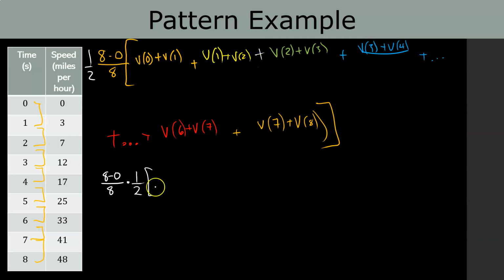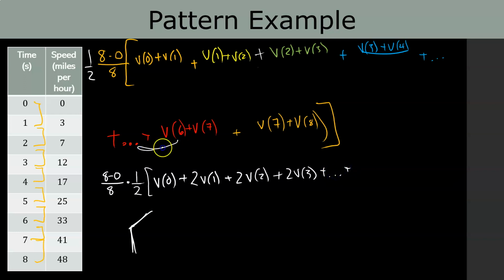Well, you have v of 0, evaluated on that left-hand endpoint, plus 2v of 1s, plus 2v of 2s, plus 2v of 3s, all the way to 2v of 6s, even though I didn't write that, 2v of 7s, and just 1 v of 8. And so that's our formula. And you know what? Why is that the case?